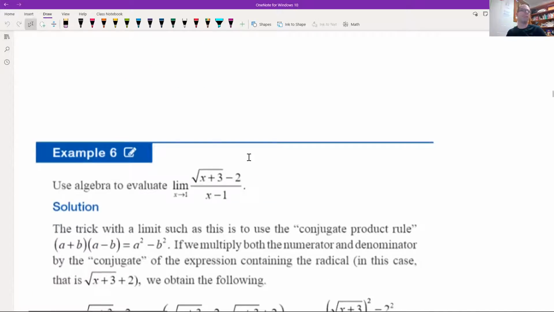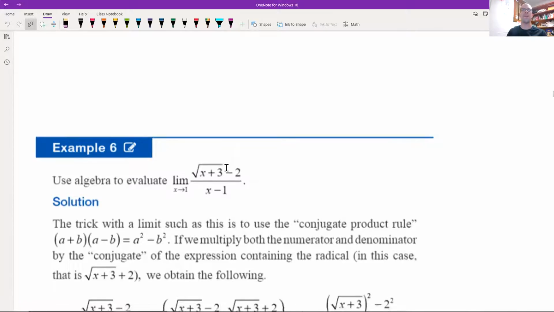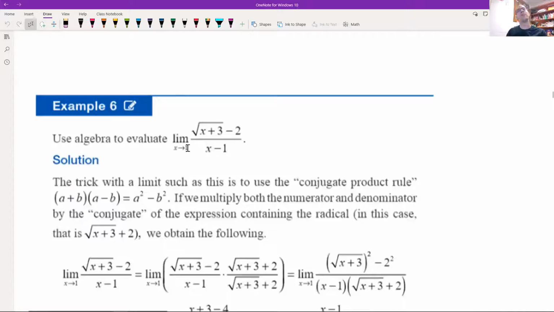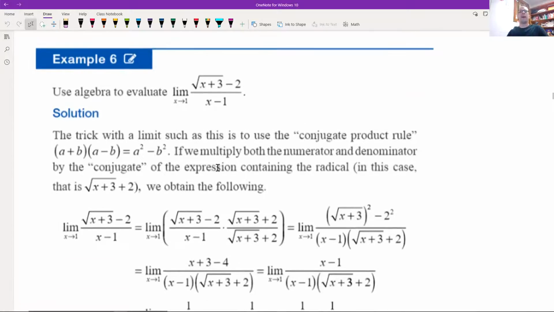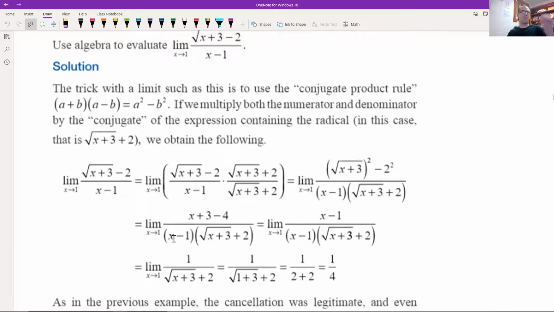And again, for example 6 here, this is just the trickier version. We're going to multiply by a conjugate because we see that we have a square root on the top. And when we plug in x equals 1, we get 0 over 0 again. And so this is really just a trick. I already did this up at the top, so I don't think we need to go through it step by step again.